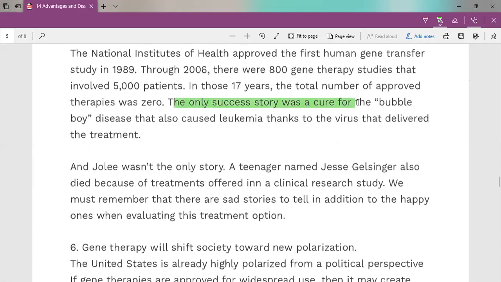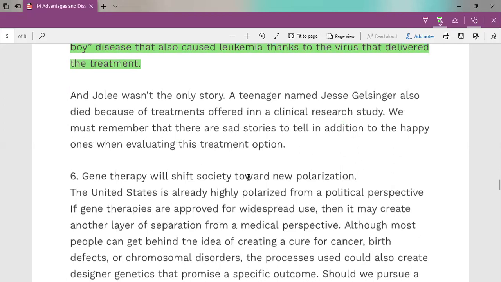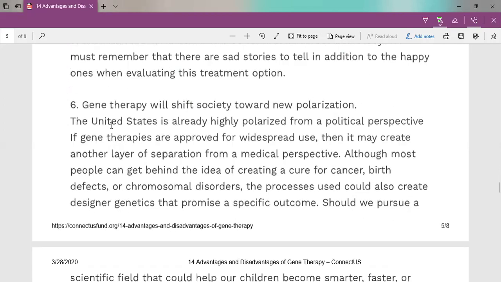The only success story was a cure for a bubble boy disease that also caused leukemia thanks to the virus that delivered the treatment. So they're saying that this thing is not even so effective because they treated 5,000 patients and only one patient was cured, and then the one patient that was cured ended up developing leukemia at the end of the day. So it's not very successful.